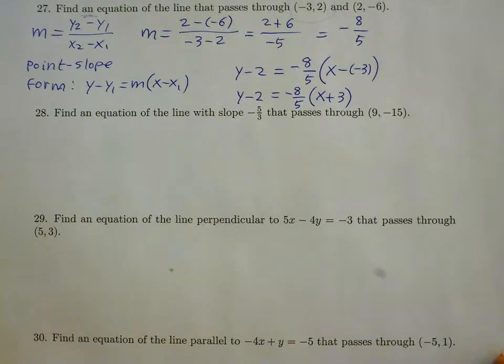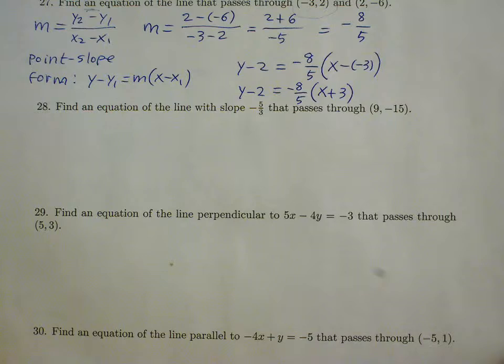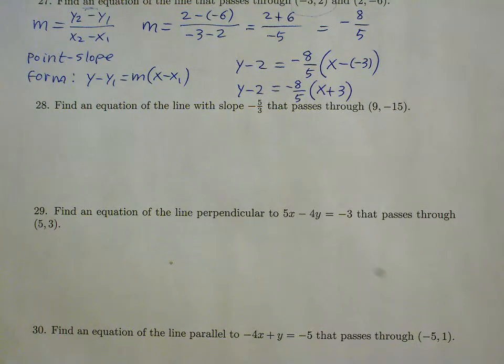Okay, the next one, number 28, is a little bit easier than the one we did because the slope is already given. Find an equation of the line with slope -5/3 that passes through the point whose ordered pair is 9, -15.